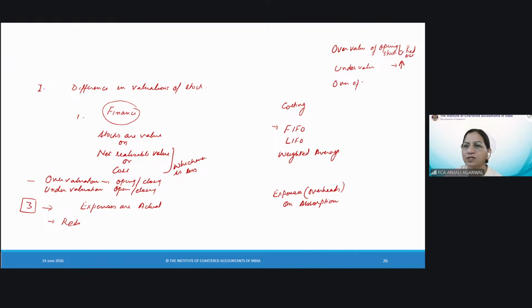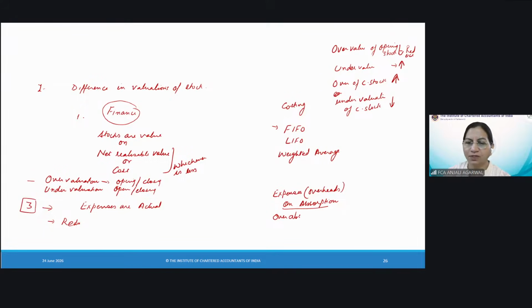Overvaluation of closing stock will increase the financial profits and undervaluation of closing stock will reduce the financial profits. Okay. Similarly, under absorption and over absorption is in costing.